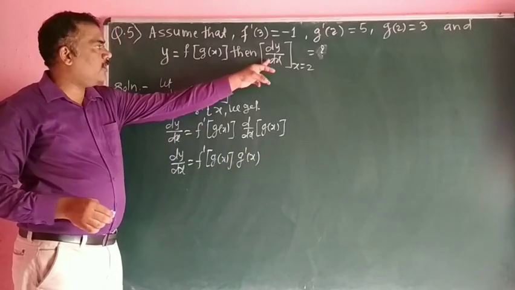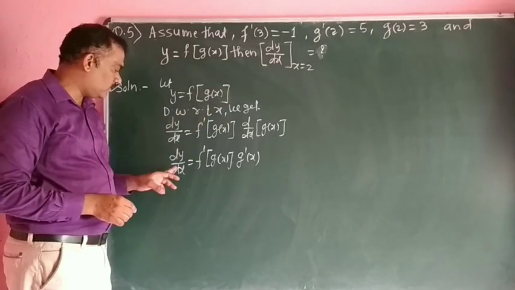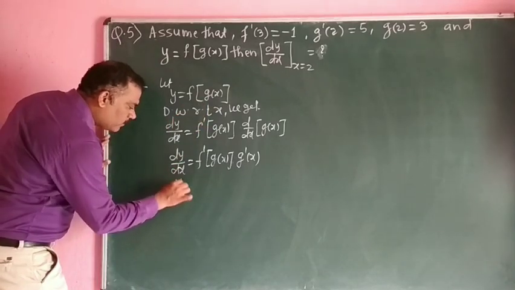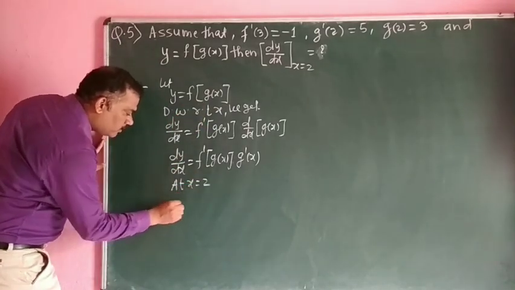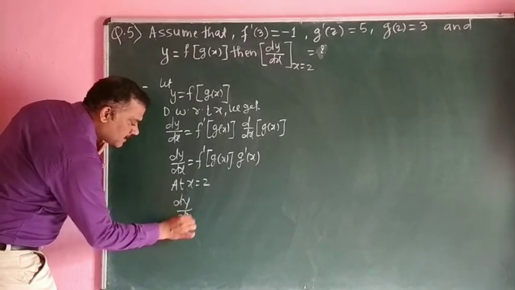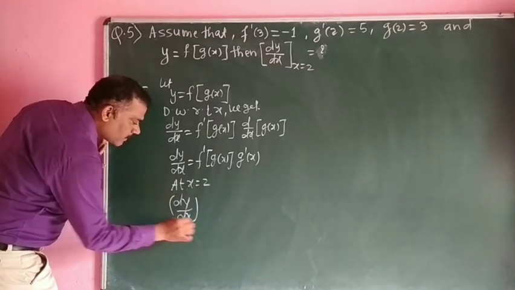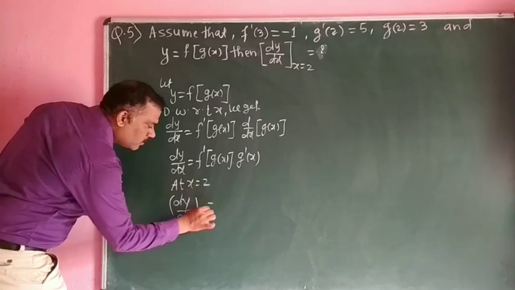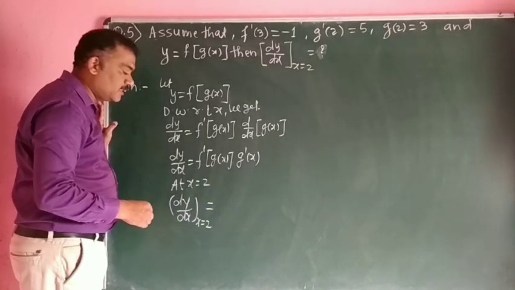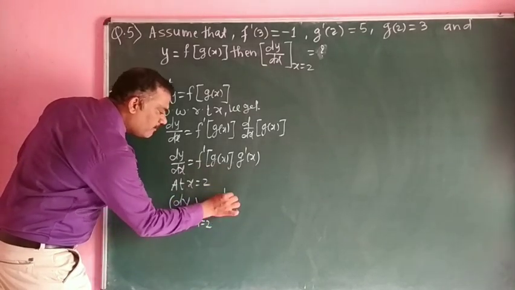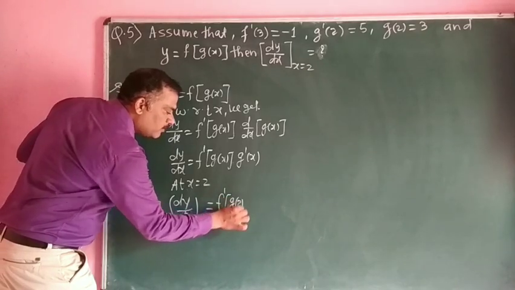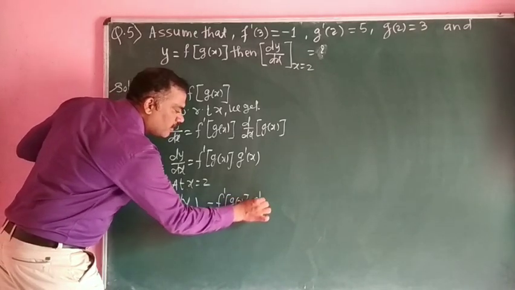We have to find the value of dy by dx at x is equal to 2. Putting x is equal to 2, dy by dx at x is equal to 2 is f dash of g of 2 into g dash of 2.